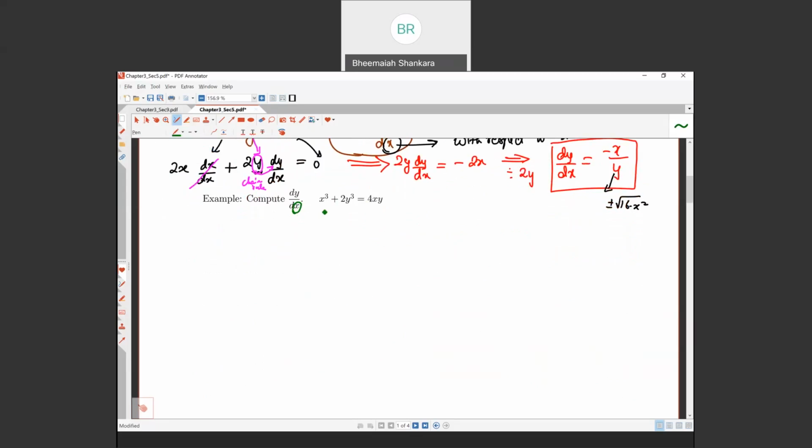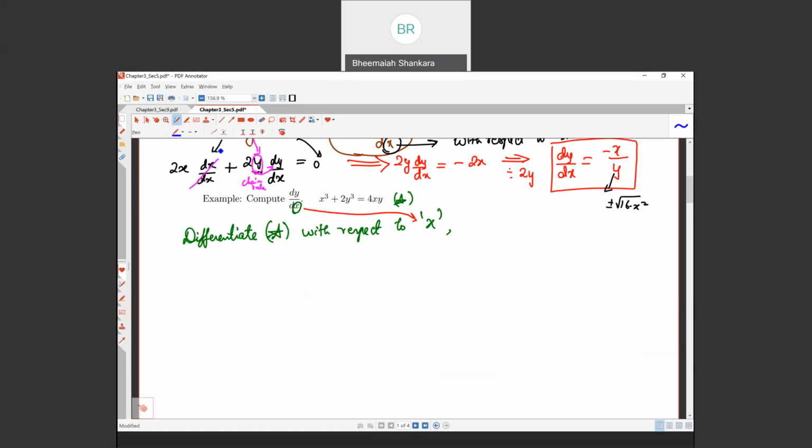So write this expression as star and say differentiate star with respect to the variable x. Because we have dy over dx, we know that we have to differentiate with respect to variable x.